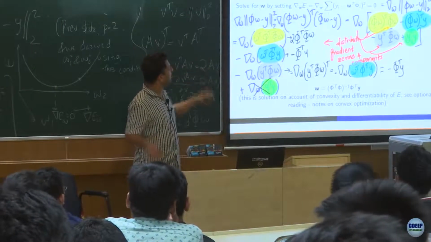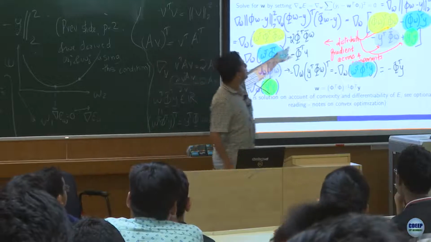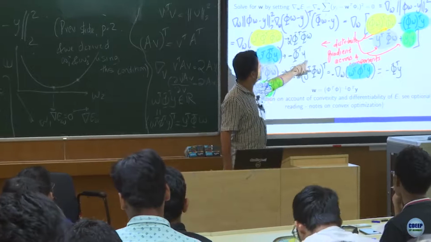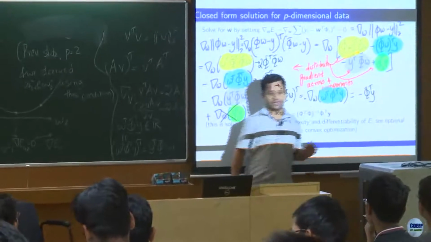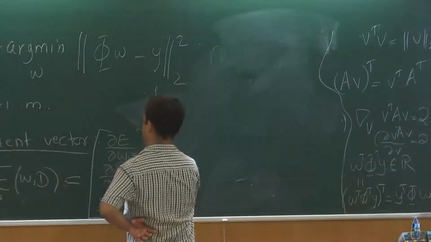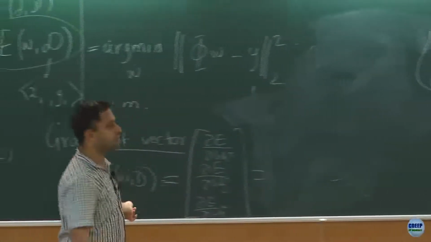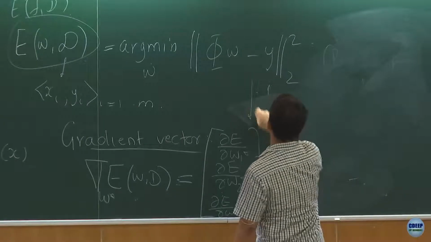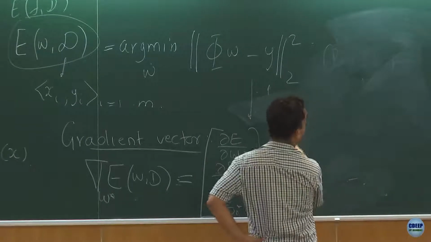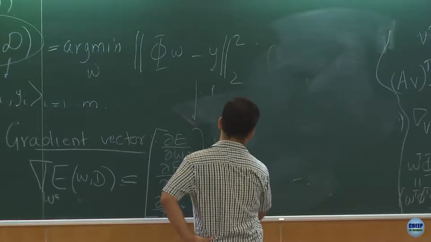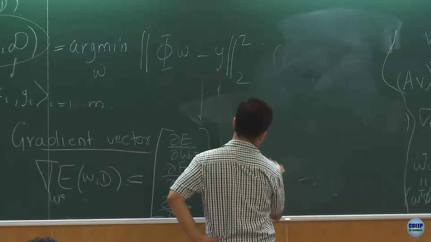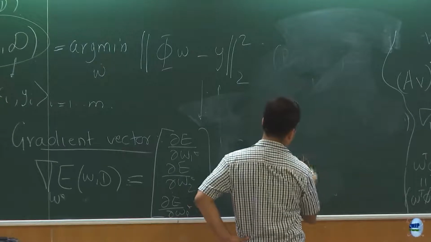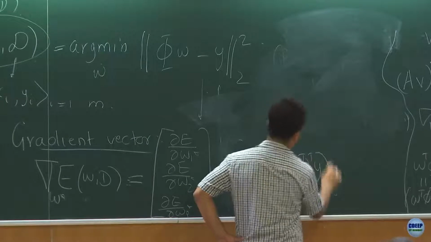So what do we have finally? The gradient is 2 phi transpose phi w minus phi transpose y minus phi transpose y. So this gradient vector for the least squares case is 2 times phi transpose phi w minus phi transpose y.